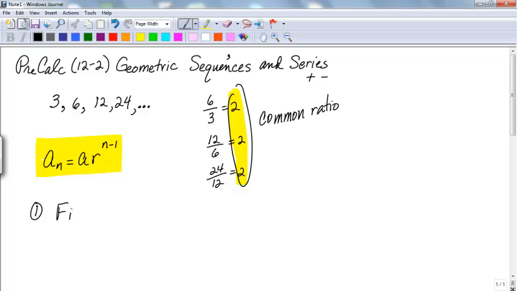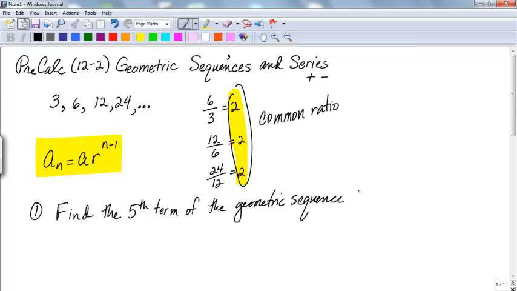Say they ask you to find the 5th term of the geometric sequence 54, negative 36, 24, and show the 3 dots.